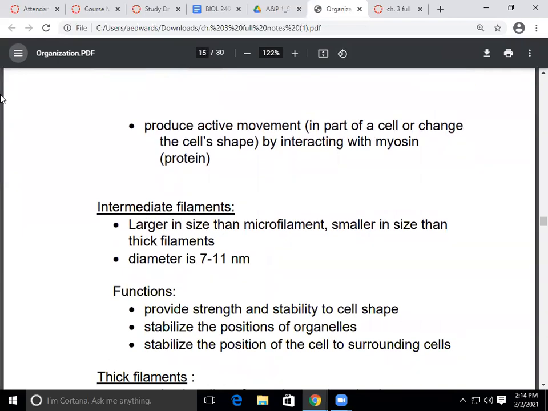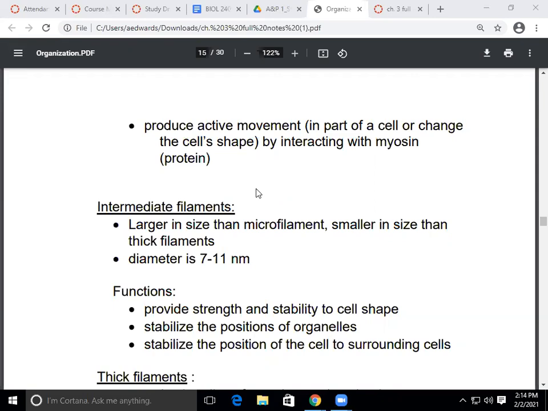All right, going a little bit larger, we get to the intermediate filaments. These are kind of in between. They are larger than microfilaments, but smaller than thick filaments, and in diameter, 7 to 11 nanometers, so a little bit wider.